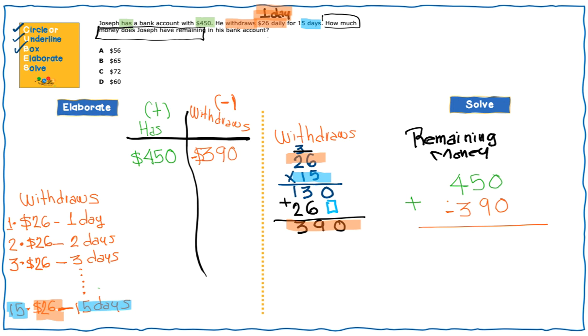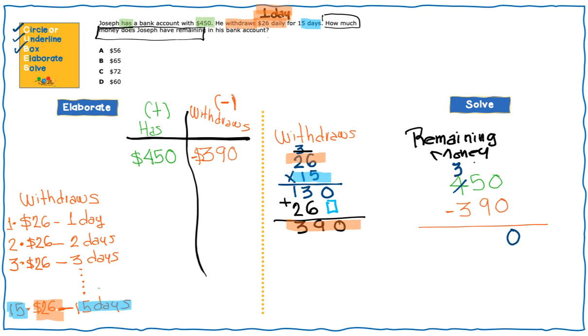So what we're going to do in this case is subtract. I'm going to take away this plus from here, and I'm going to be subtracting now. Please help me to subtract. 0 minus 0, that will be 0. 5 minus 9, I can't. So I'm going to borrow from the 4. This is going to become a 3.